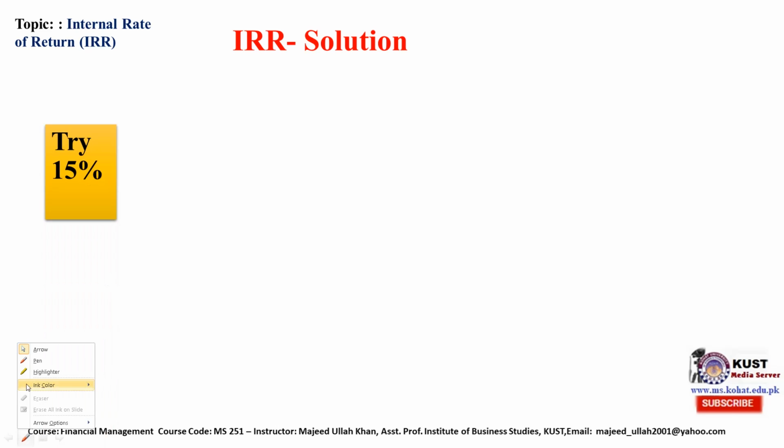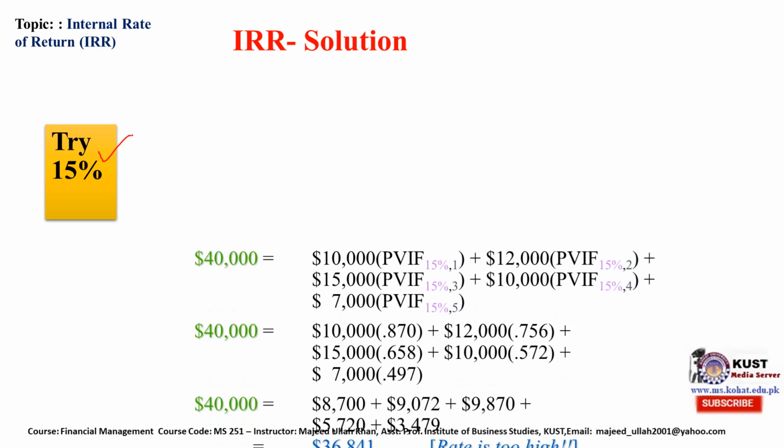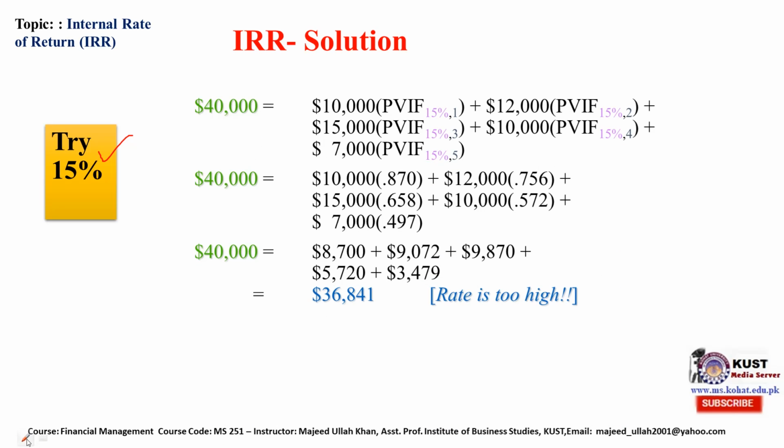Now we will try 15%. So 15%, this is the situation on 15%. This is 10,000 cash flow, and we will discount it with the present value interest factor of single amount for 15%, 1 year. It gives us the factor that will be extracted from the present value table.